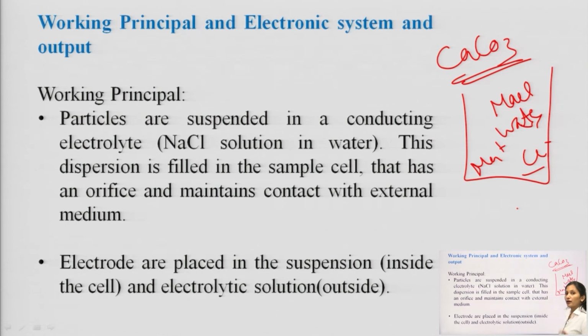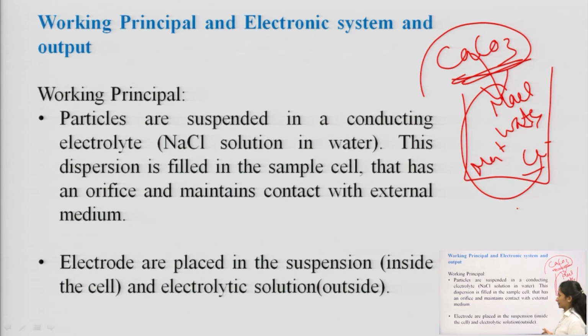So I have a vehicle: NaCl solution in water, and in it we mix the calcium carbonate particles. Now I fill this calcium carbonate suspension in the Coulter counter apparatus to determine the particle volume. So the particles are suspended in a conducting electrolyte, for example NaCl solution in water.